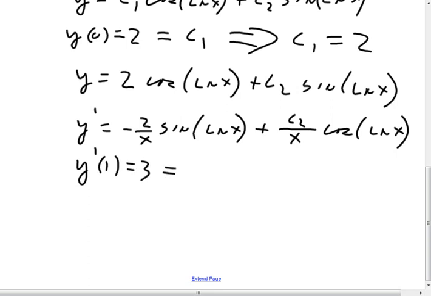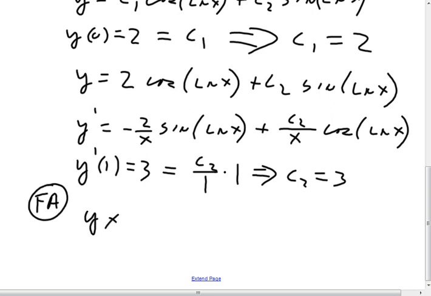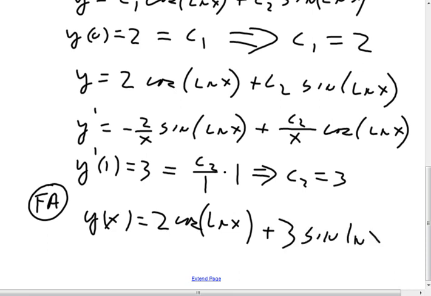This term is 0 again. I'm going to have C2 over 1 times 1, implying that C2 is equal to minus 3. And now I can write down my final answer. Y of x is equal to 2 cosine natural log x minus 3 sine natural log x. And then I would proceed to check my problem.